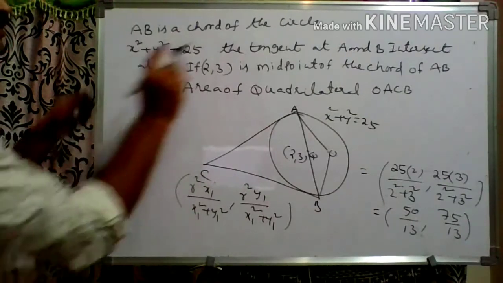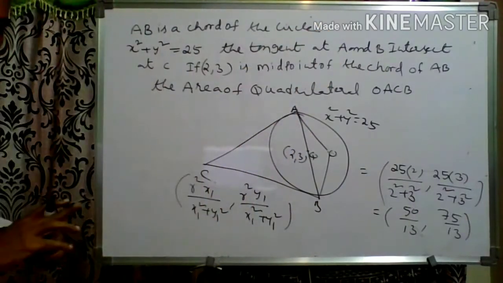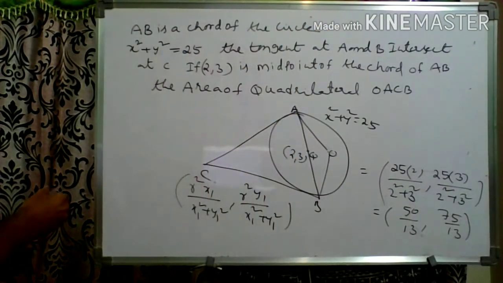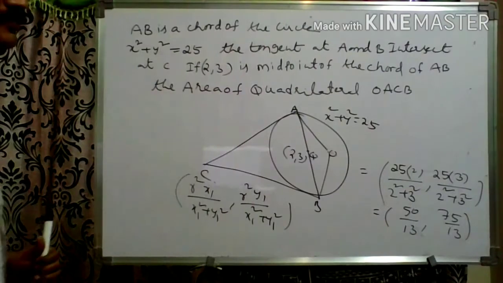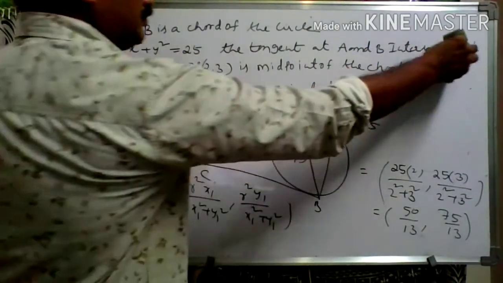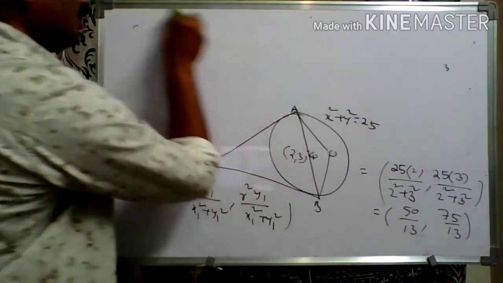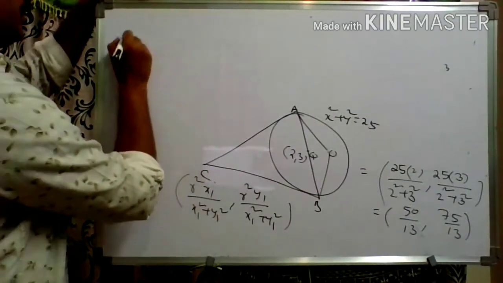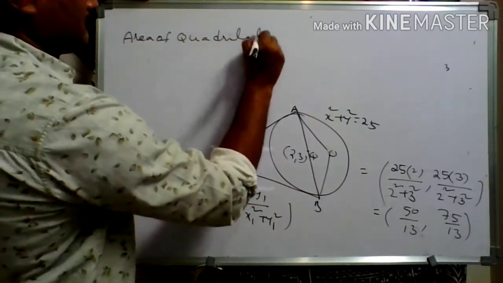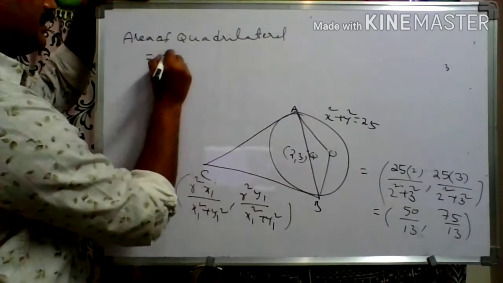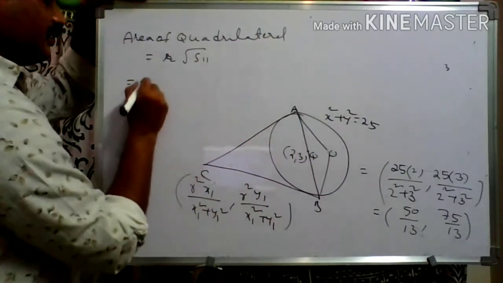Friends, the radius: R square is 25, so R is equal to 5.